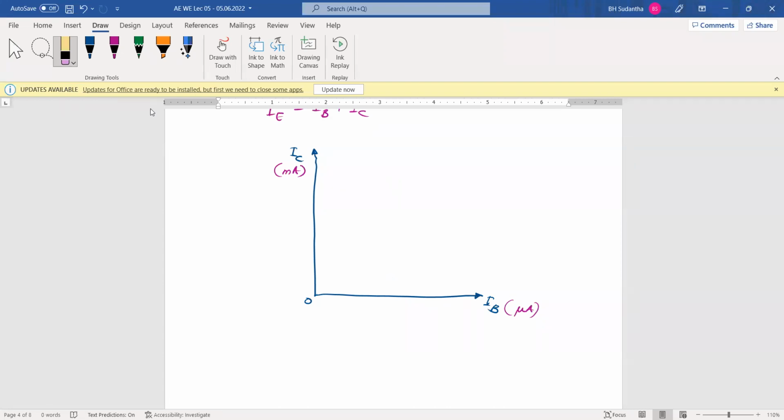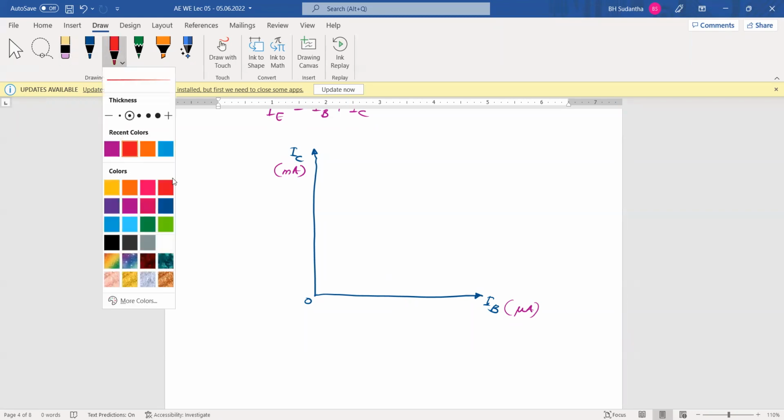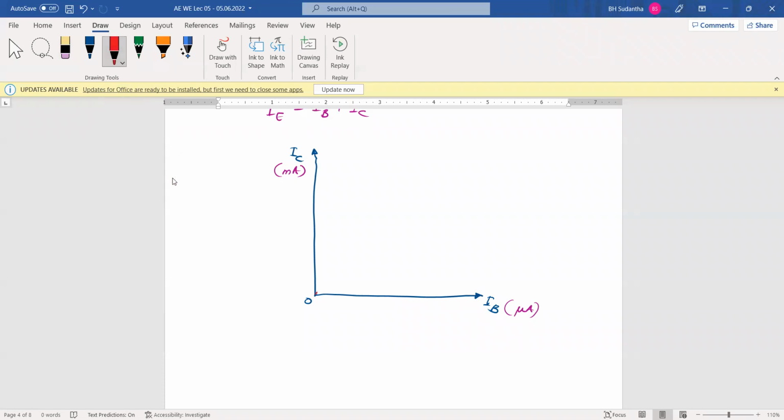Okay, when IB increases, IC will also increase. But see the slope.